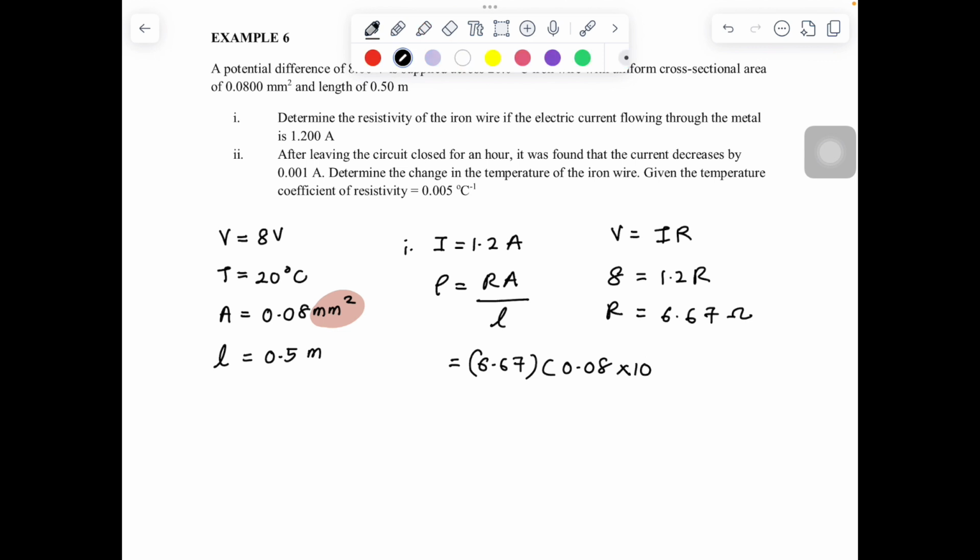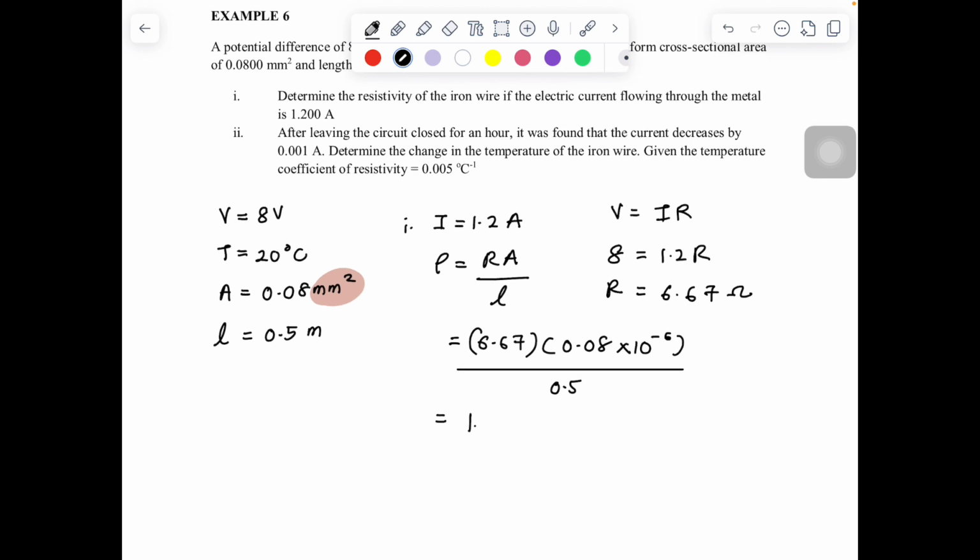Lepas tu kita square kan, dia akan jadi exponent negative 6 divided by the length. Then kamu akan dapat, okay, masing-masing tekan calculator, 1.07 exponent negative 6, and unit for resistivity will be ohm meter.